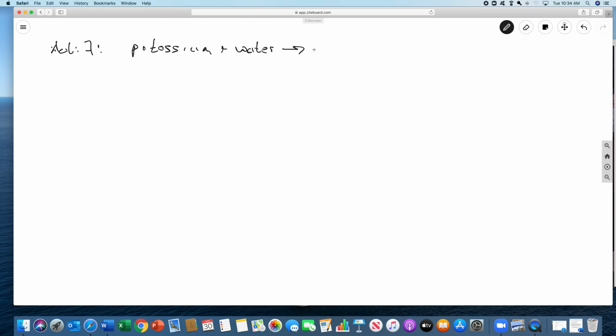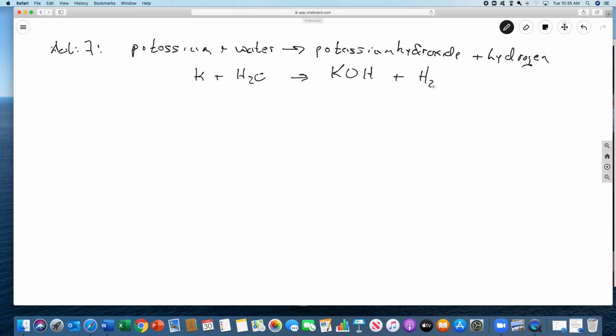Plus water makes potassium hydroxide plus hydrogen. You saw that one catch fire. That's the hydrogen igniting. And so this is K, it's an element. Water. Potassium hydroxide is KOH, and hydrogen is H2.